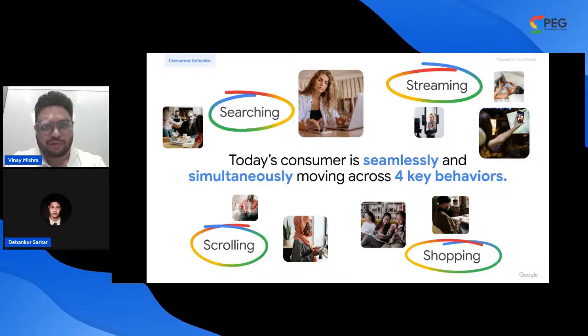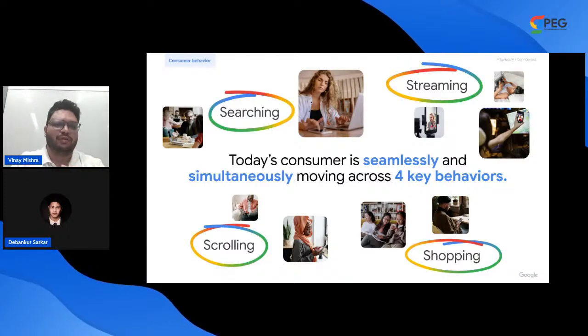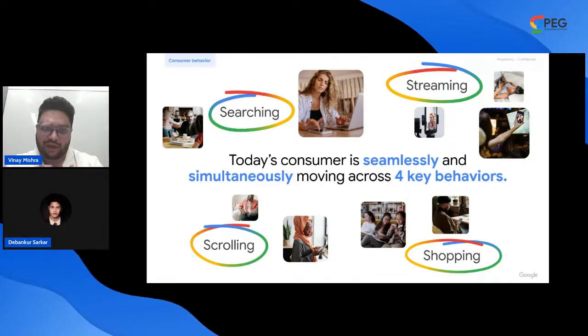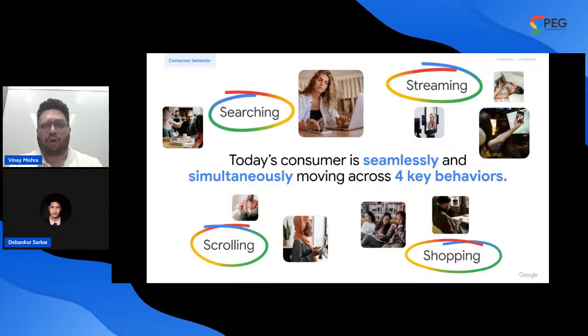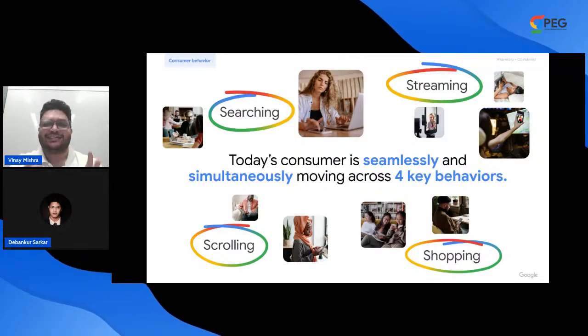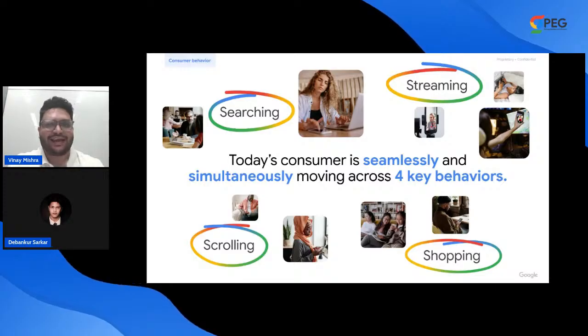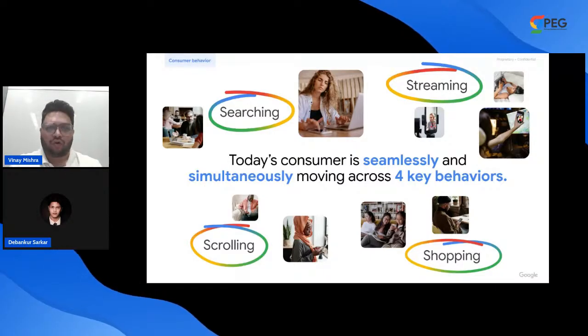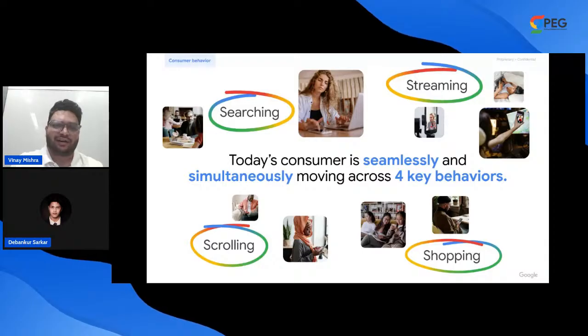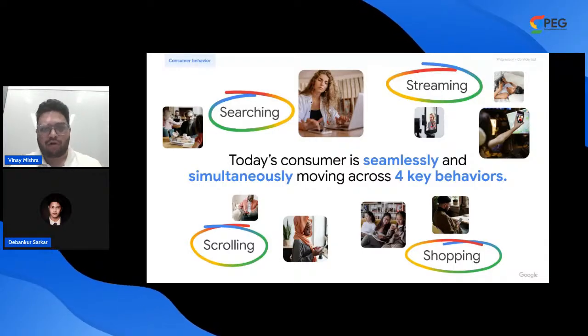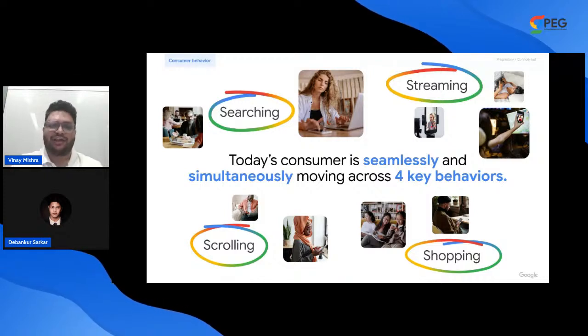Today's customer is seamlessly and simultaneously moving across four key behaviors: streaming, searching, scrolling, and shopping. This highlights the importance of being present and relevant across multiple channels to meet consumers where they are in their journey. Consumer behavior is constantly evolving, and businesses need to adapt their strategies to stay competitive.